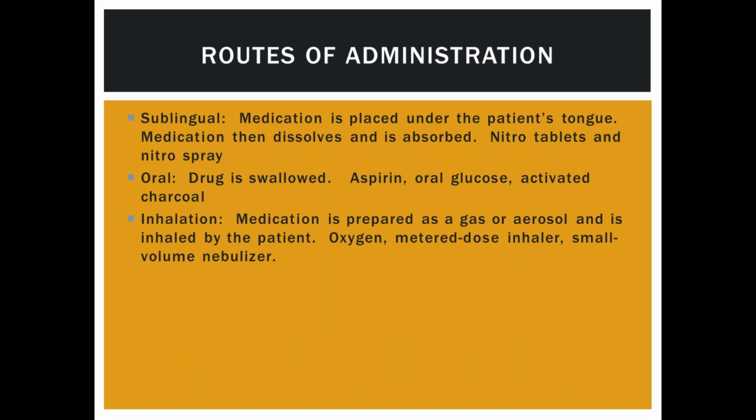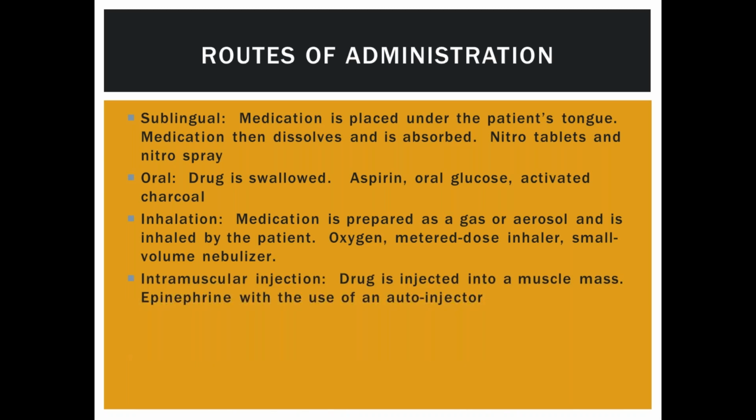We also have inhalation. So this is going to be medication in a gas or aerosol inhaled by the patient. So the medications as EMTs that we can give are going to be our oxygen and then also our bronchodilators, either in the form of our metered dose inhaler or a small volume nebulizer.